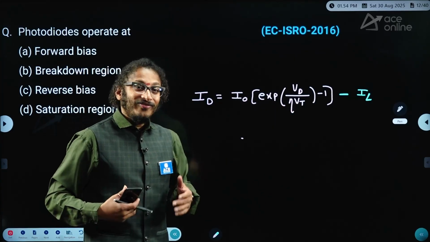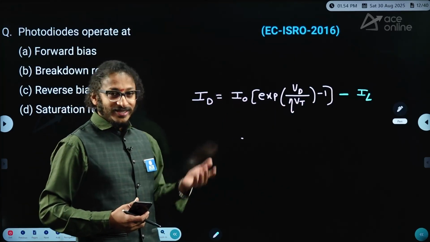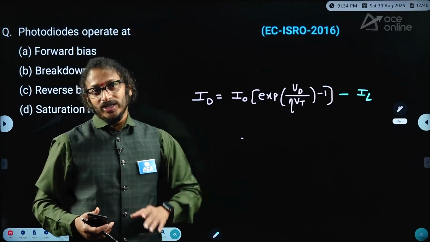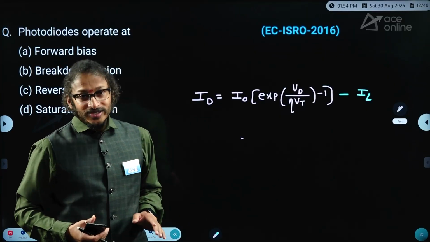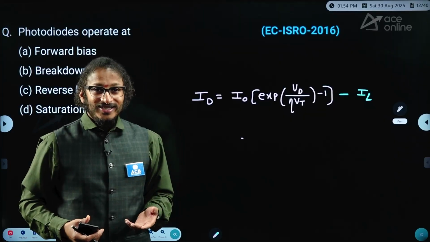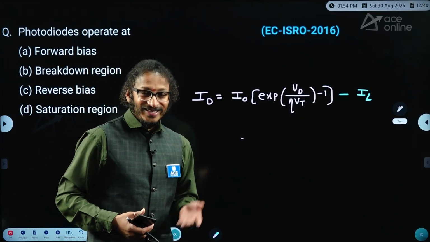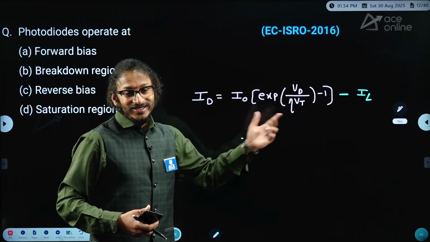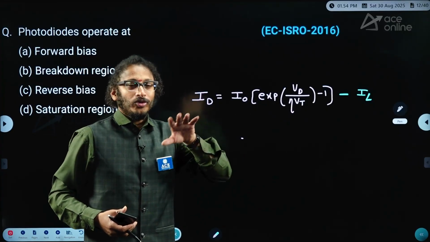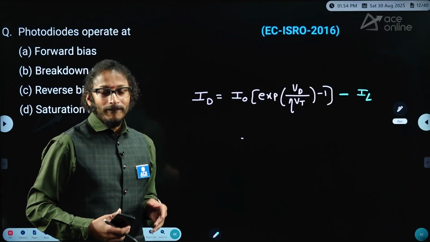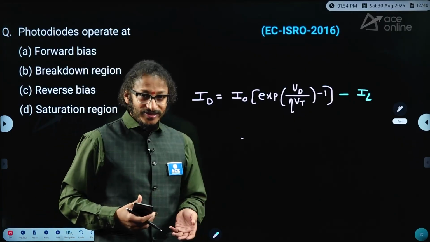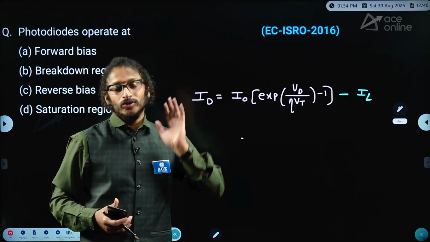Then how can I get a photo current there? Because the photo current is getting neglected compared to the current I am getting because of the applied voltage. That means in the forward bias, even though I am giving light, the current due to light is negligible compared with the current I am getting due to the applied voltage. Then I don't think I am going to get the photo current. The photodiode's main task is to get a photo current. So a diode in the forward bias has no meaning to produce a photo current.